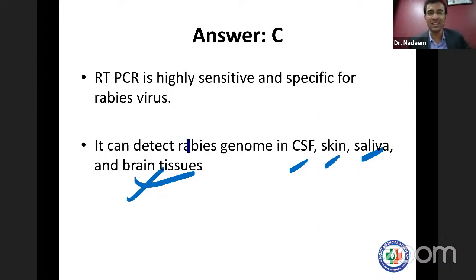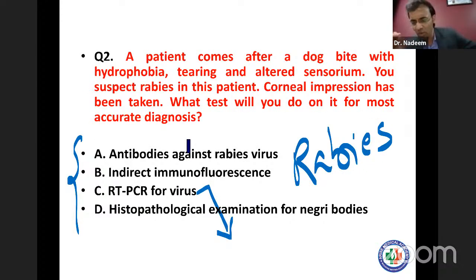So please understand that RT-PCR is highly sensitive and specific for the rabies virus. Sometimes they ask which investigation we have to perform. RT-PCR these days for the pandemic disease, for corona, is very, very important. Overall, RT-PCR is the best, the most specific we can say. Easy to understand.